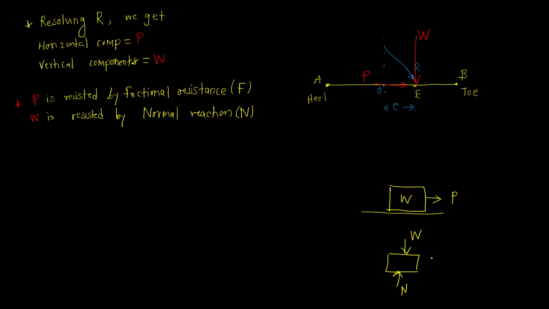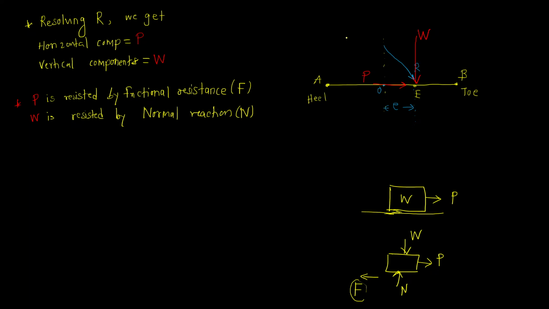Okay, this is the force P. Now to balance this force P, there will be some resistive force which is acting, and that is called the frictional force. Whatever friction is generated during the movement of this block on the surface is called the friction force. So this will also take place in the dam.